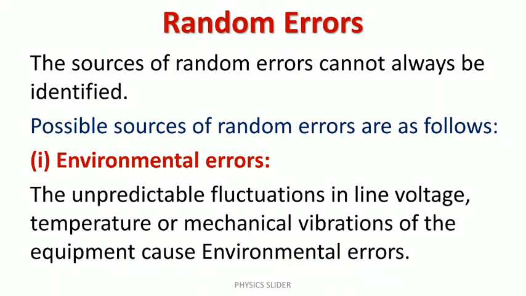Okay, suppose you are performing an experiment, but there are fluctuations in the line voltage. You are dealing with electricity, that apparatus or the experiment that you are dealing with requires electricity and there are fluctuations in the line voltage, then what happens? The readings, the observations that you are getting from the experiment, there would be some errors in those readings or the observations. Why?